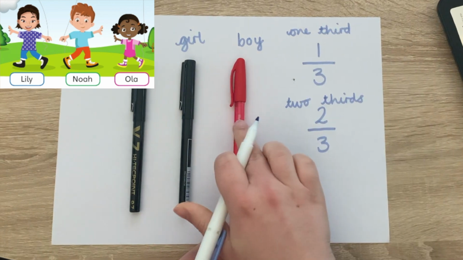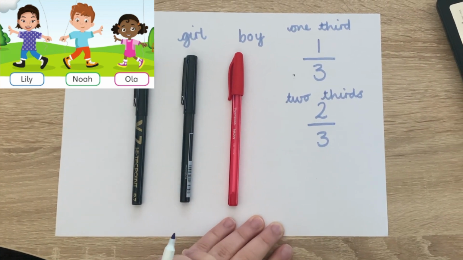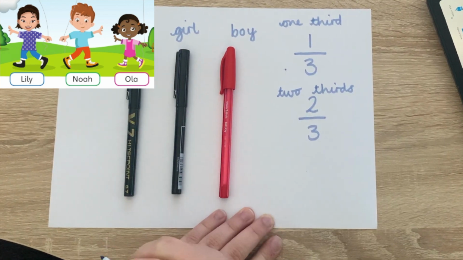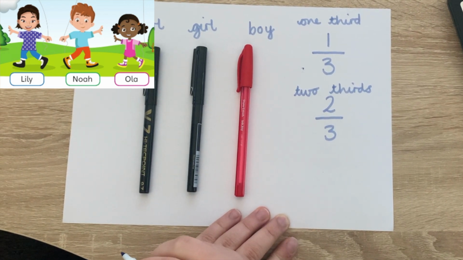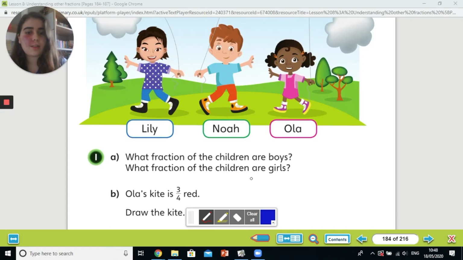So 1/3 are boys and 2/3 are girls. And in total, we have got 3/3, which is the same as 1 whole. So we managed to work out that 1/3 of the children are boys and 2/3 of the children are girls.